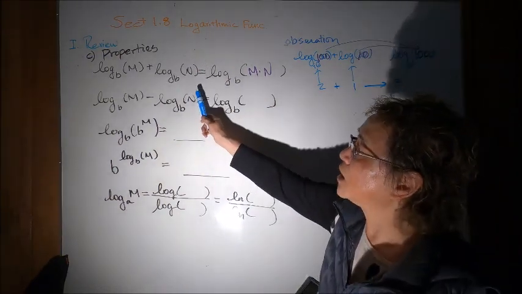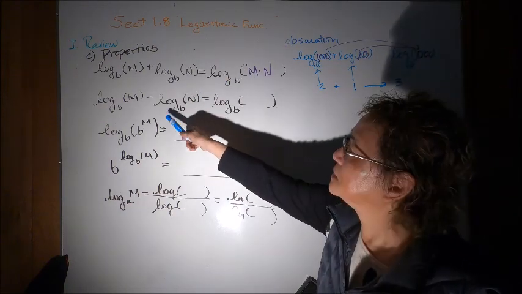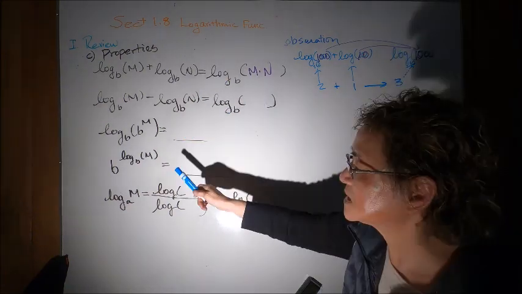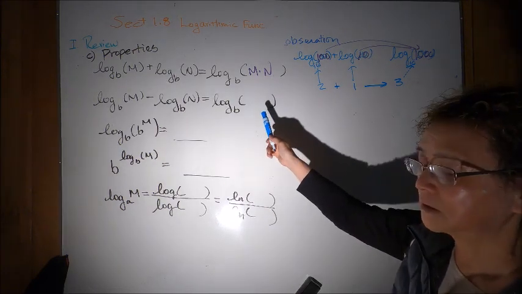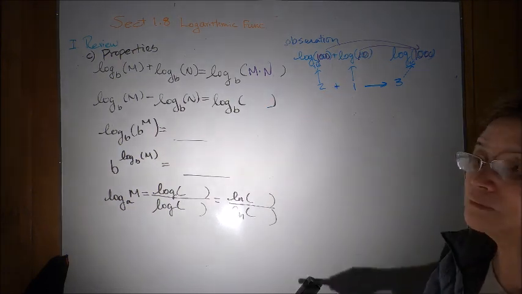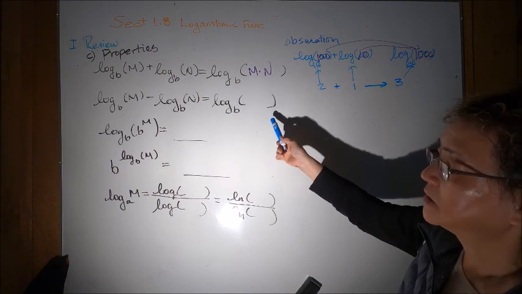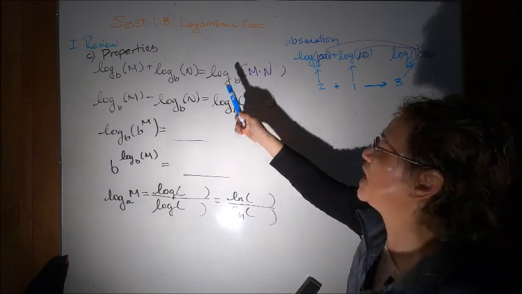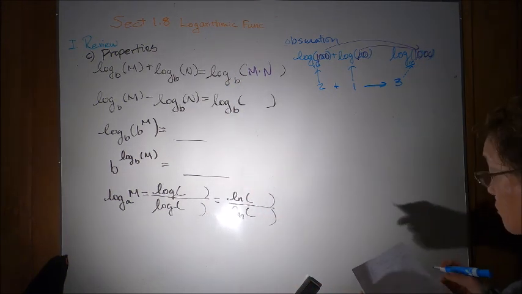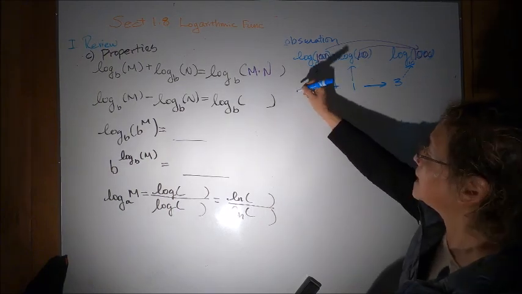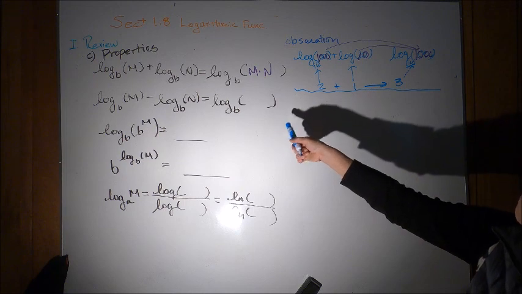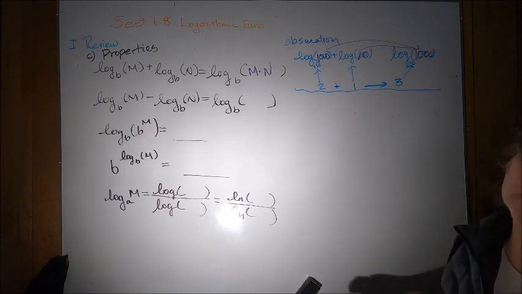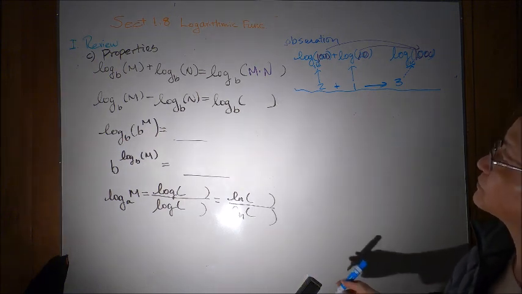So we add two logs, they become one log; subtract them, one log. Then we can use one log to solve problems. You need to have one log to be able to do that. So we are learning the technical skills, how to simplify the log.